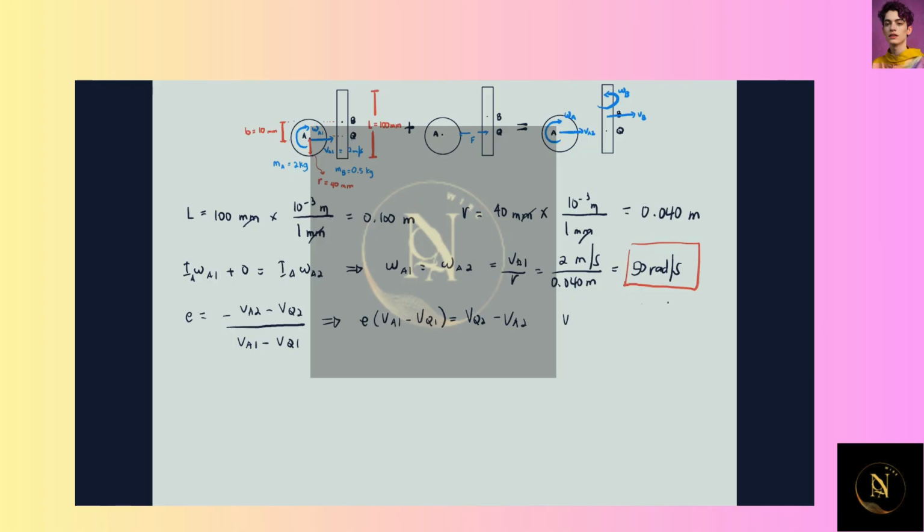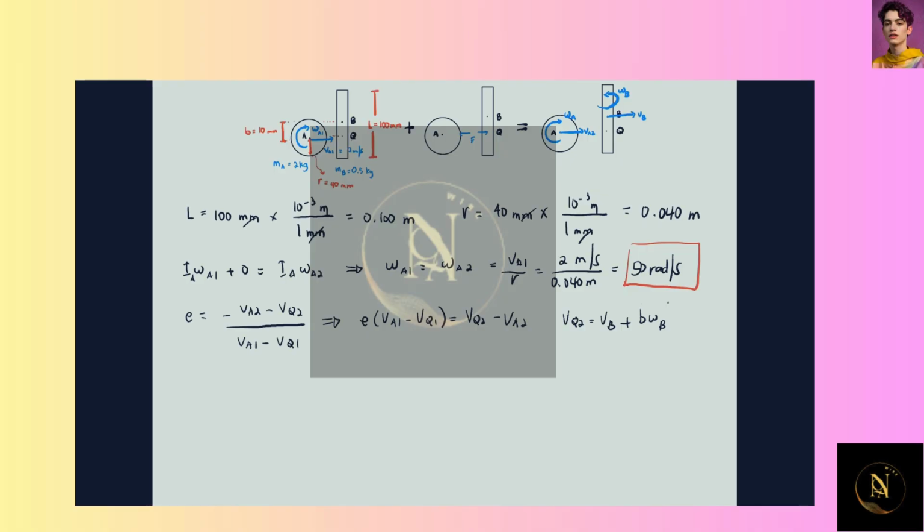Here vq2 is equal to vb plus b omega b, where b is the distance from the center of the bar to point Q, which is the rotation point.